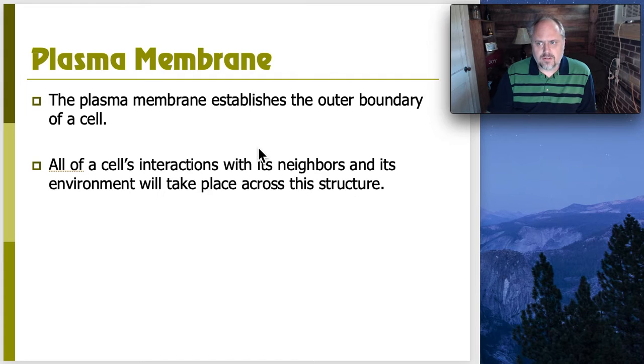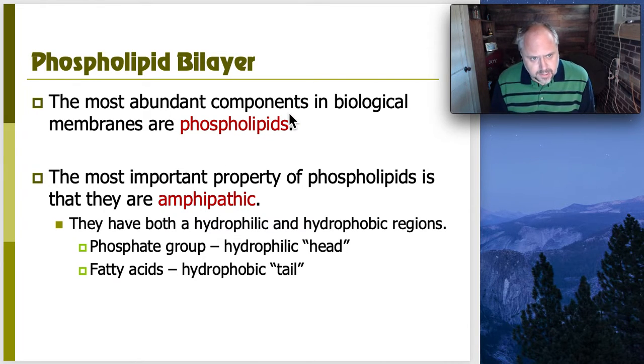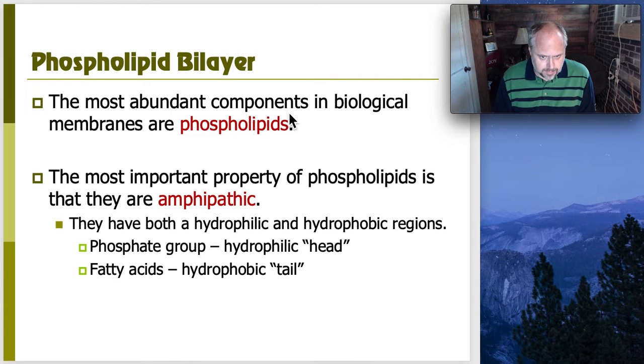So let's think a little bit about what we know about the membrane structure. You guys will probably remember from introductory courses where we talked about phospholipid bilayers. So obviously the most important and abundant component in a membrane is what's called a phospholipid. This is a very specific structure, and I'll show you a picture here in a second.